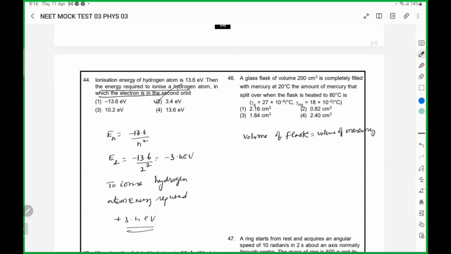Now, after raising the temperature to 80, we have to see the change in the volume of the flask and the change in the volume of mercury. If the change in volume of mercury is more than the change in volume of the flask, then mercury overflows.